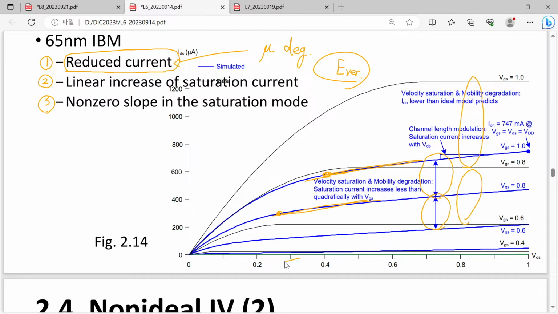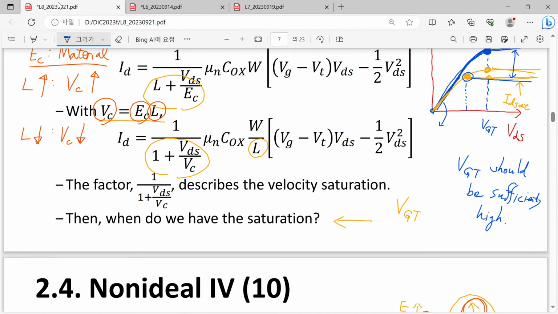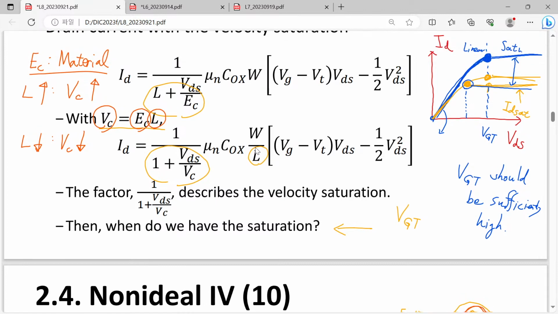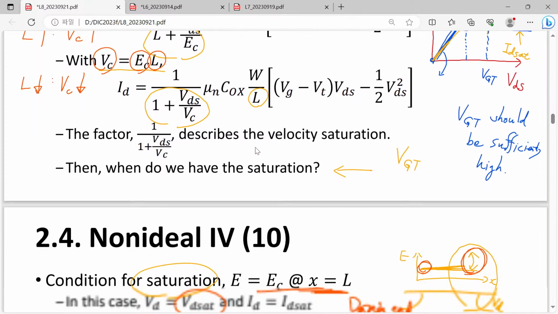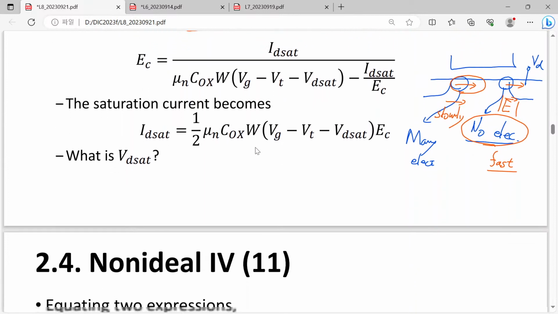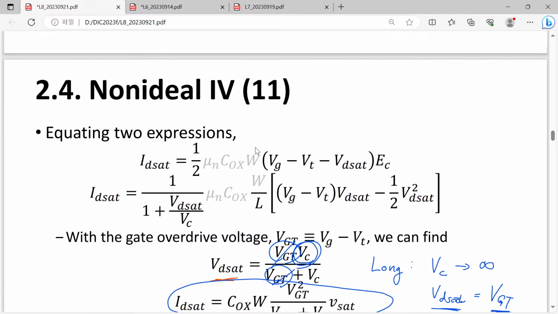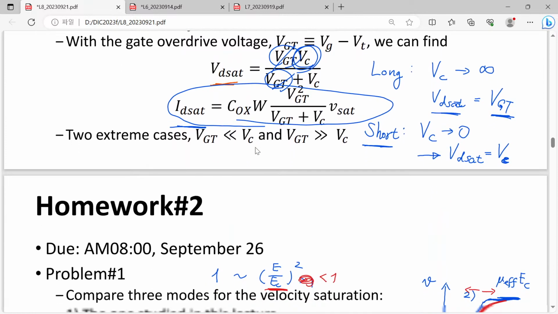However, at a relatively low gate bias, when your gate overdrive voltage is quite close to 0 volt, this velocity saturation effect is not that high. So please get it. Although I have not shown you the full derivation in this part, please do your exercise for this lecture, slides 10 and 11.